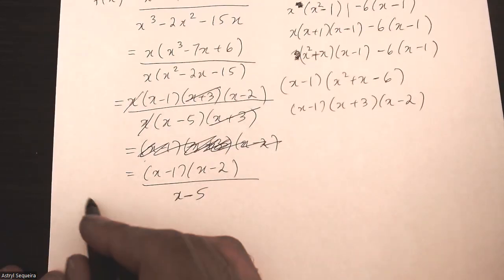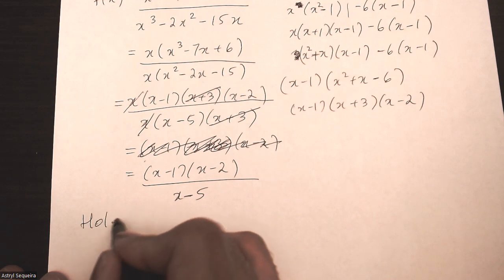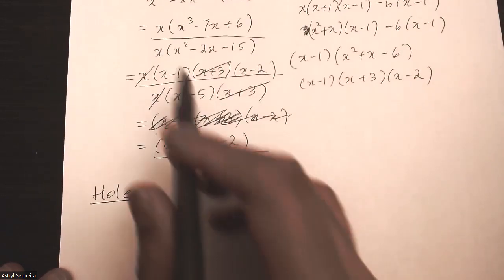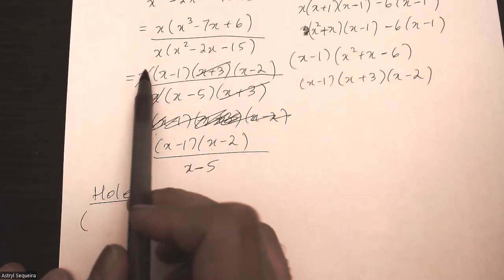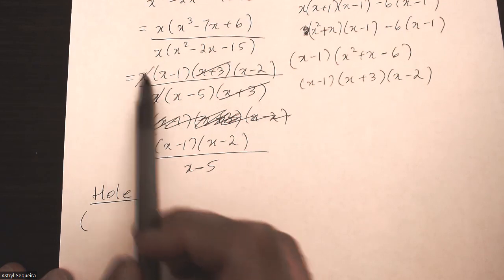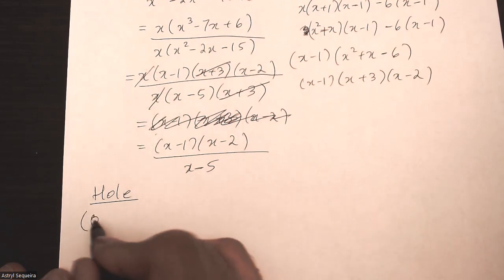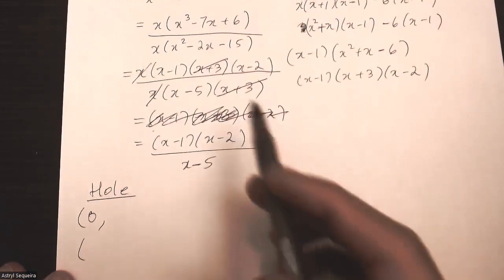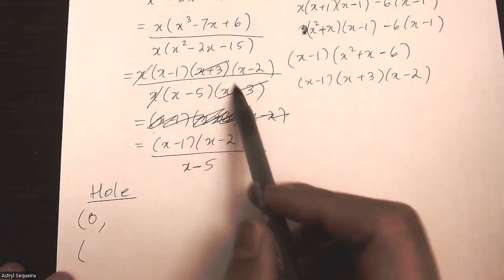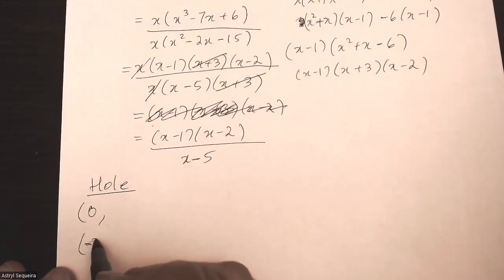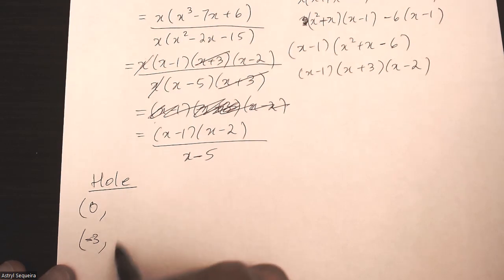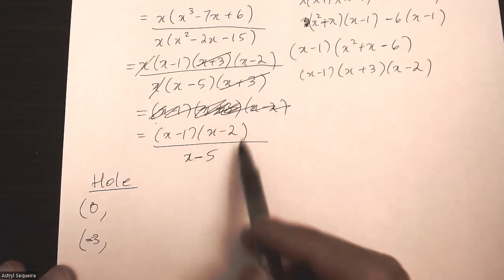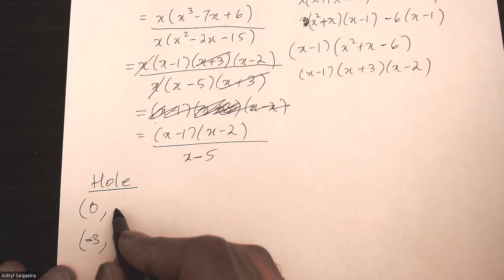Now, as soon as I simplify, the first thing I'm going to do is I'm going to list out my holes. I have 2 holes in this question. The solution to the first x value of the hole, I canceled out an x, so the x value is 0. And for the second value of the hole, it's just negative 3. To find the y values of the hole, I'll just sub it back into this equation over here.